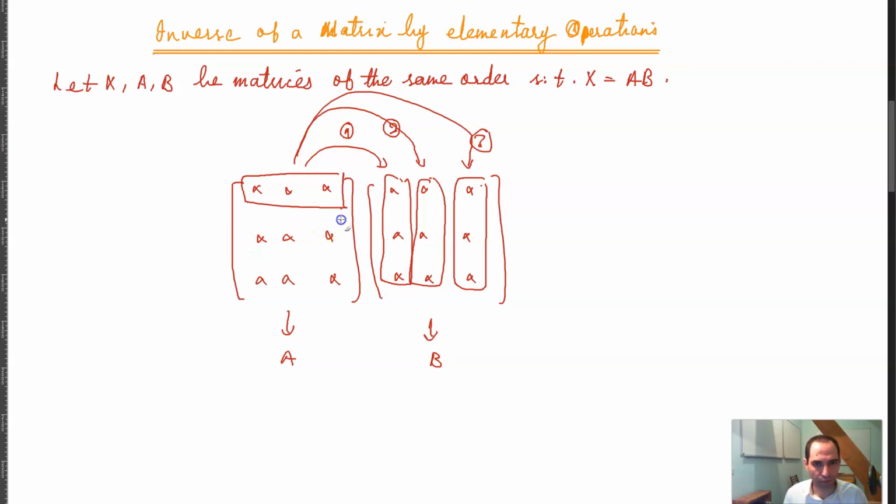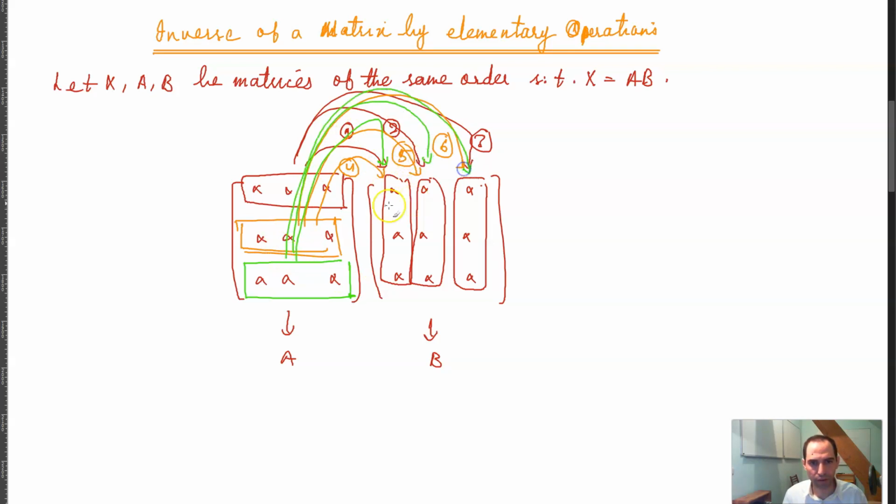Then you have the second row with the first column, second column, third column, meaning 4, 5 and 6, and then the third row, which gives 7, 8, and 9.